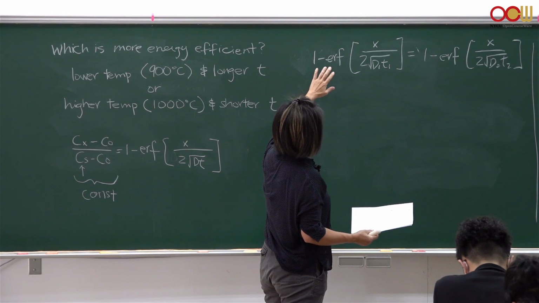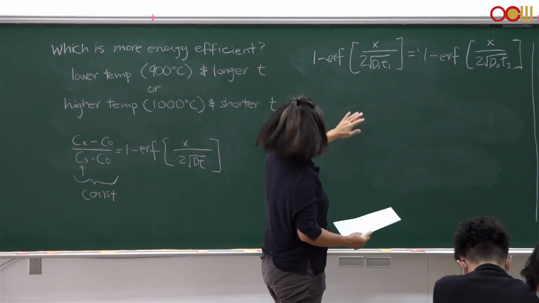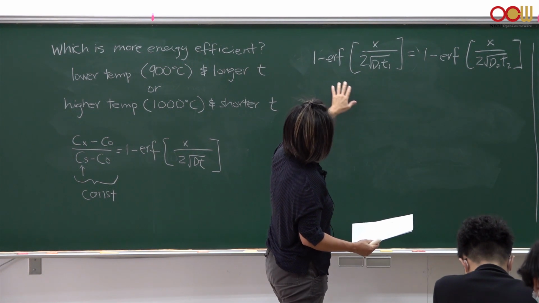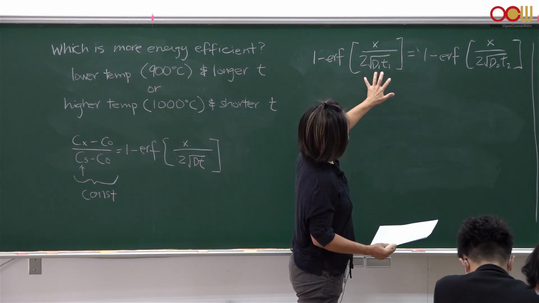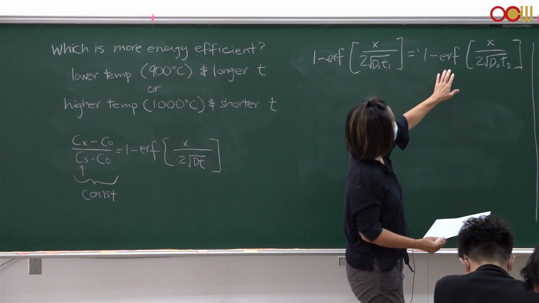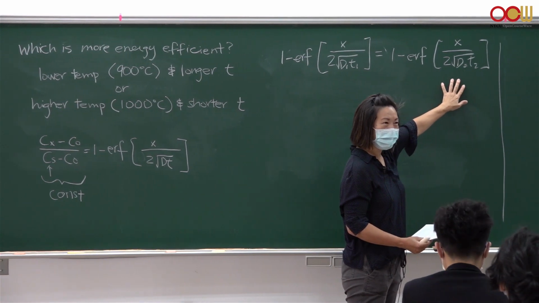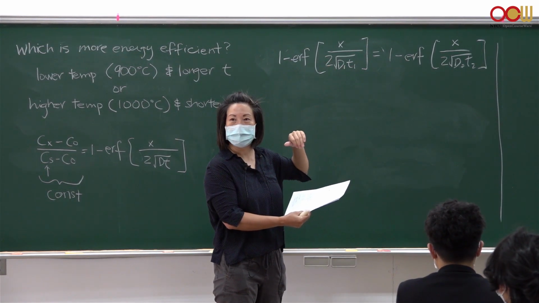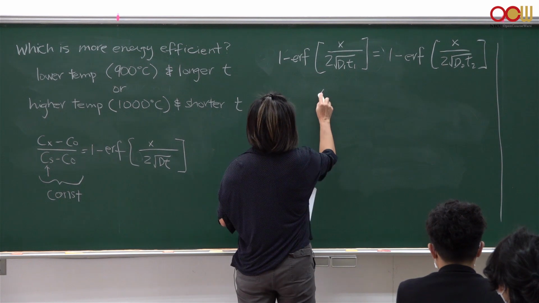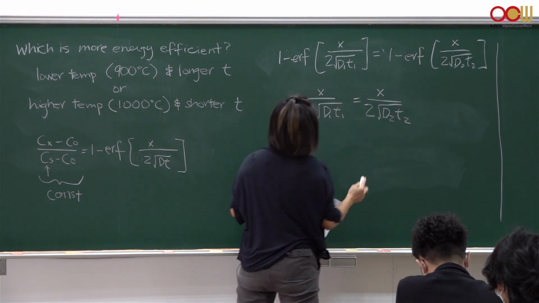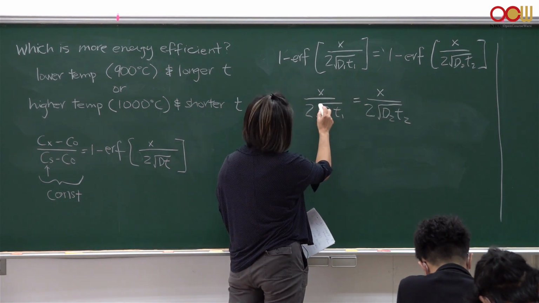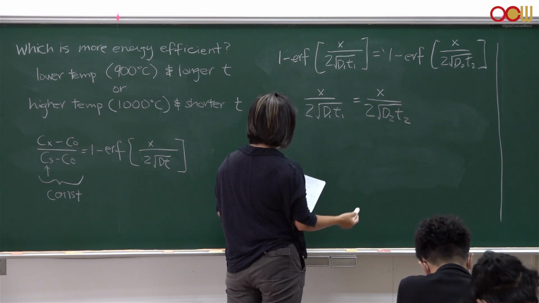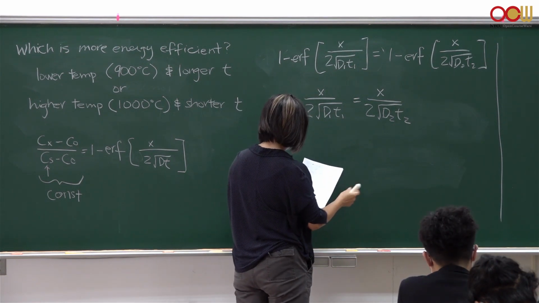So I know that I could get rid of the 1, right? And for this value, the error function of whatever it is, to be equal to the error function of this value, the thing inside the error function must be equal. Okay? The x's go away, the 2's go away, and I could get rid of the square root.